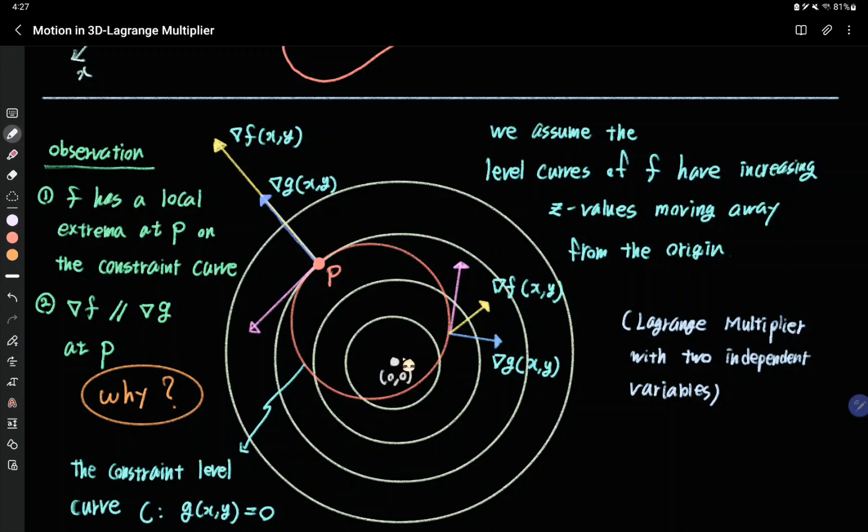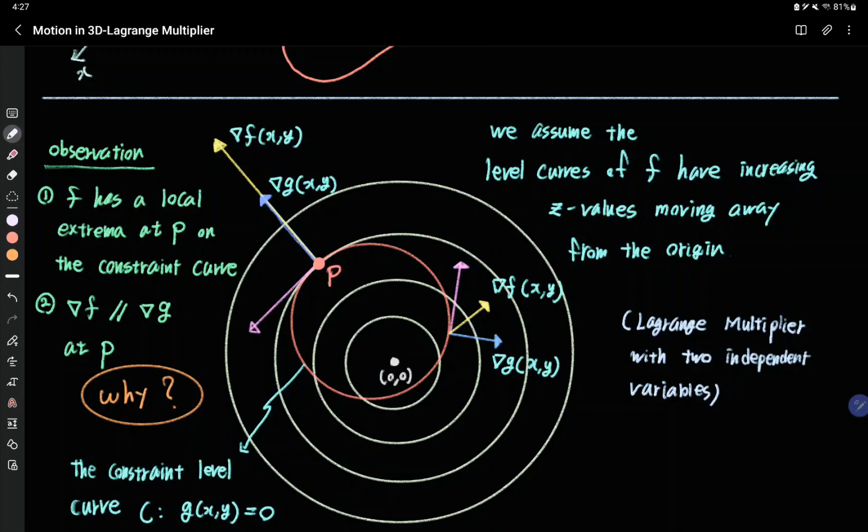So for the inner circle, the z value must be less than the outer circle. This is a level curve with z value. Then that's the curve C, g of x comma y equals 0.